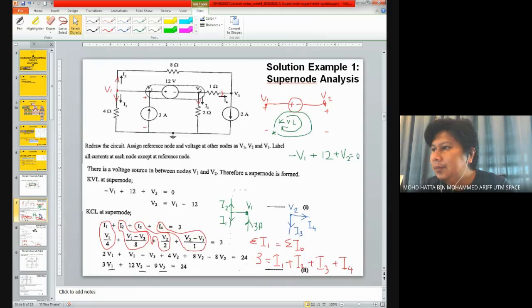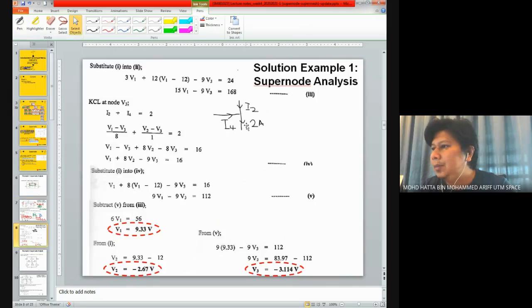Okay, let me look back at the diagram. So I have a current over here, I2, coming into V3. And I have this I4 from V2 coming also into V3, and I have 2 ampere coming out from V3. So 2 amperes coming out, I4 coming in, I2 is coming in.